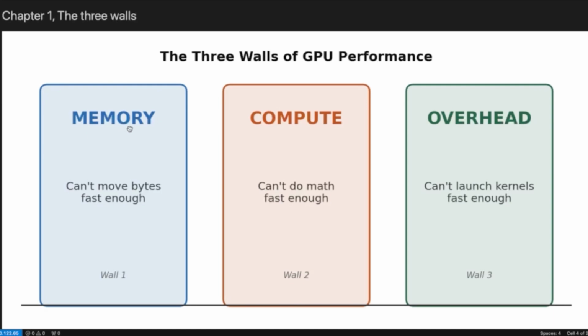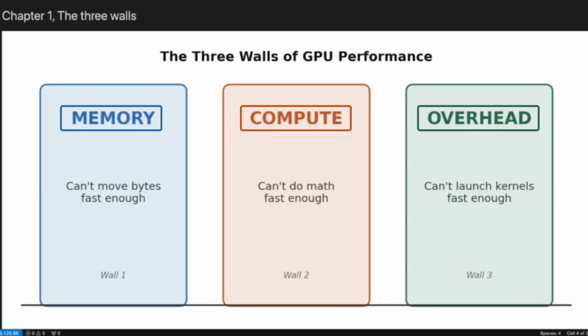And the third one is overhead, which is that the CPU is not able to launch the kernels, so basically the commands telling the GPU what to do, fast enough. So these are the walls: memory, compute, and overhead.